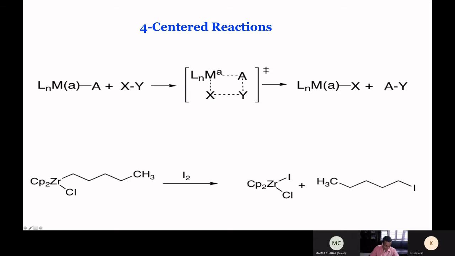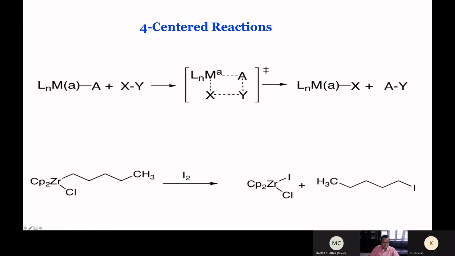That's the oxidative addition. Iodide here, iodide here. Now the reductive elimination would be between this iodide and this alkyl to give you alkyl iodide, and then what remains is this molecule. So oxidative addition and reductive elimination could have given you these two products.